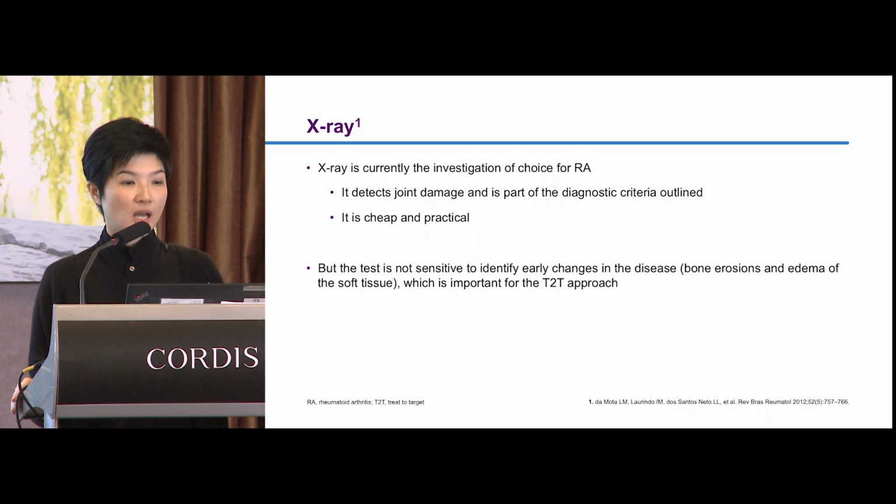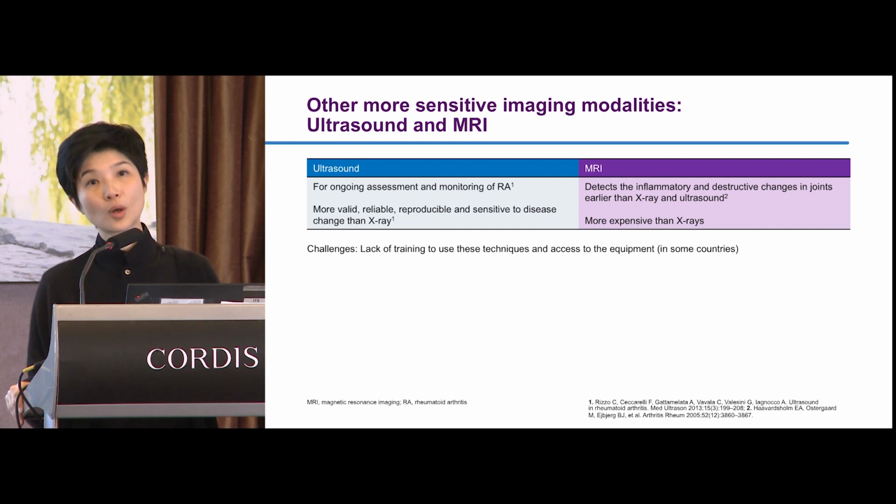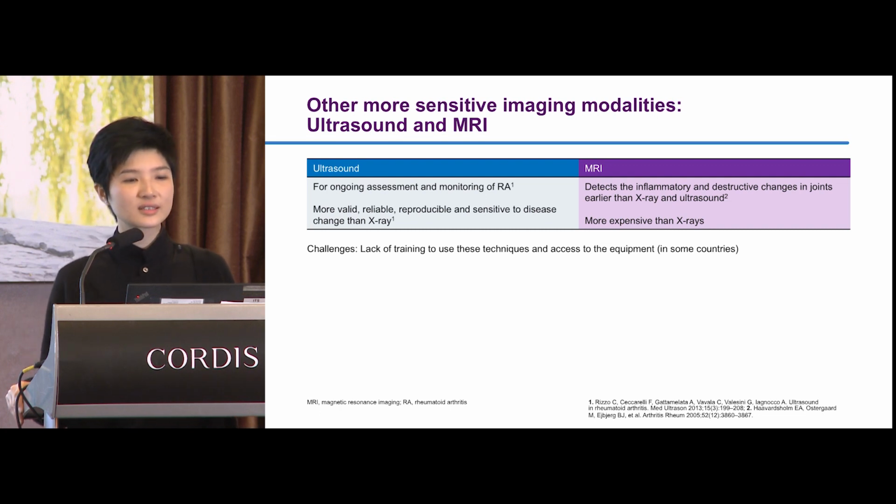But it has its limitation: it is not sensitive enough to identify early changes in disease, such as bone erosions and edema of soft tissues, which is very important for the T2T approach. That means we need to look for other more sensitive imaging modalities, such as ultrasound and MRI.